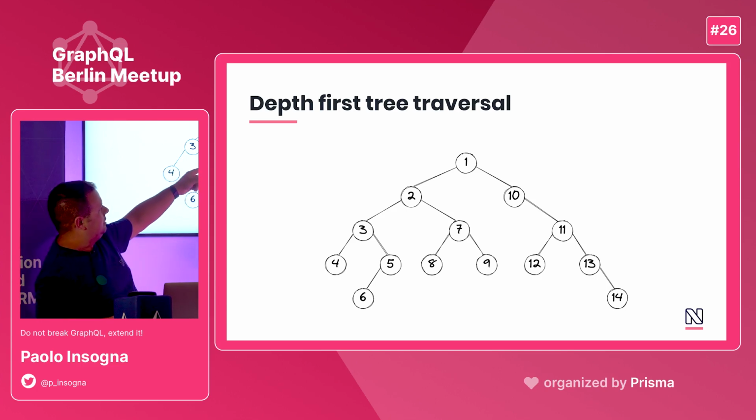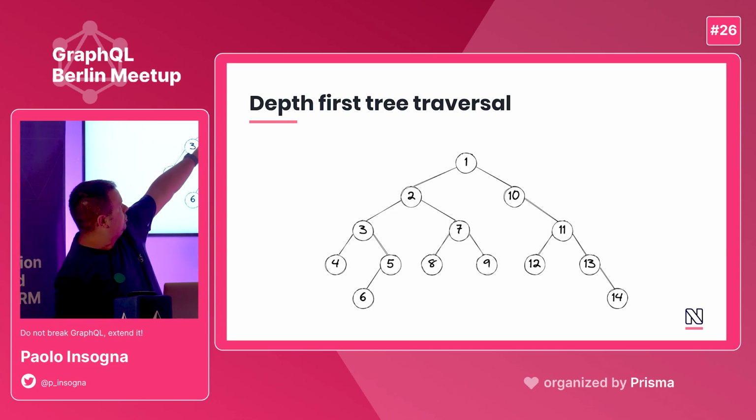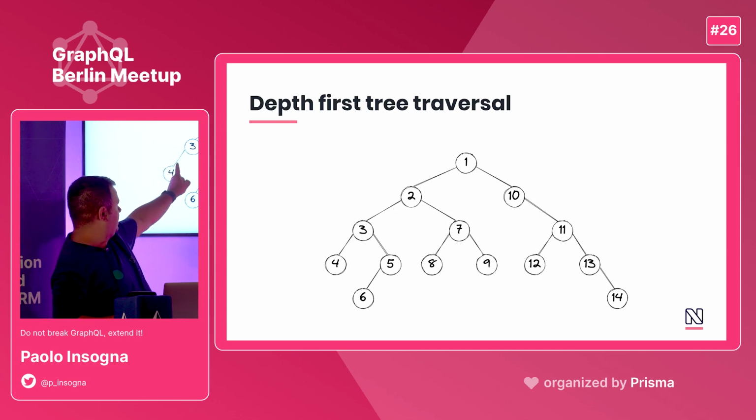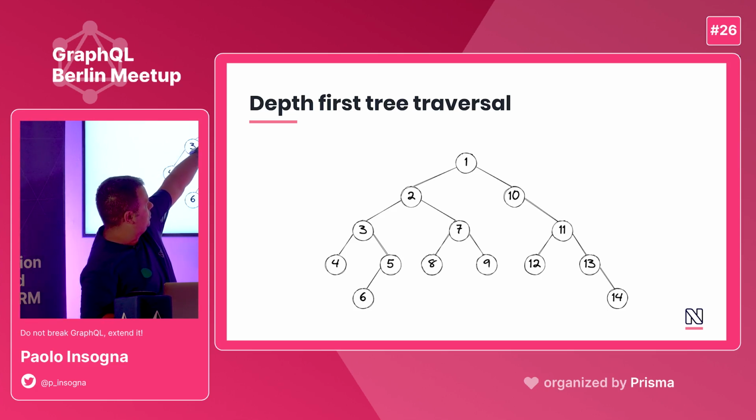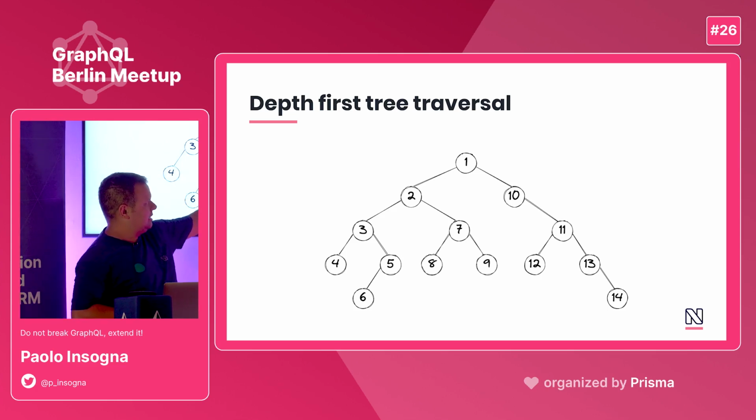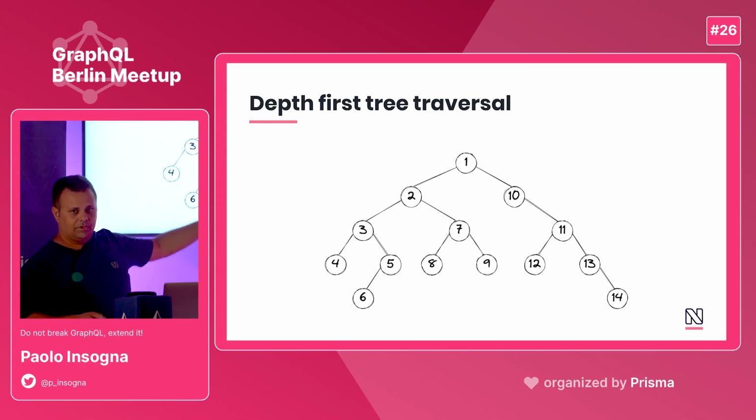If you follow my image there, we start from the root, we go all the way left until we stop here at number 4. Then we go one level up and revisit this part of the tree, 5 and 6. Then eventually go back up to 2, and that's 7, 8, and 9, and so forth. The reason why I chose a depth-first traversal for this example is that it's very easy to implement. Using recursion is going to be very fast.